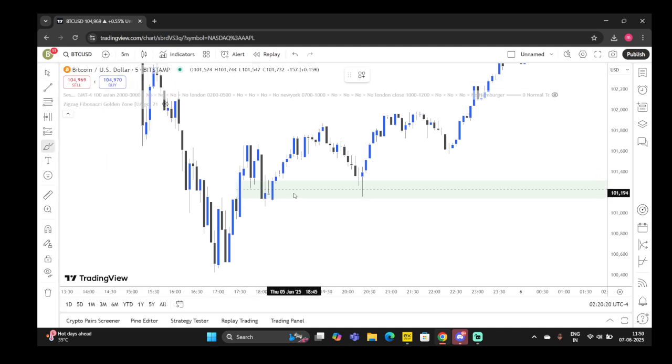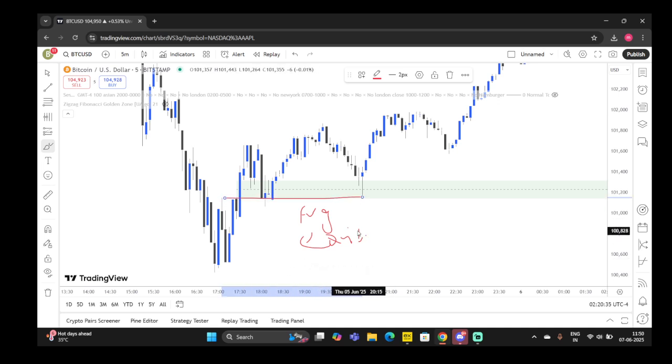So there is a confluence of FVG, equilibrium, the breaker block, and price rejection. So from here, BTC again went upside.